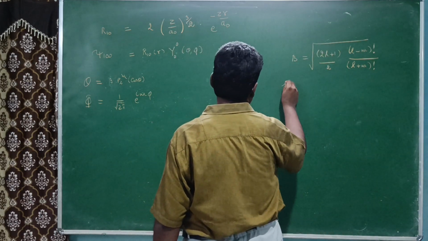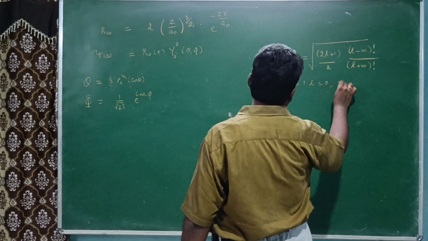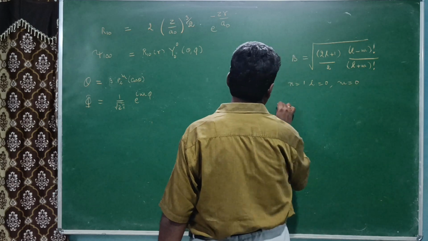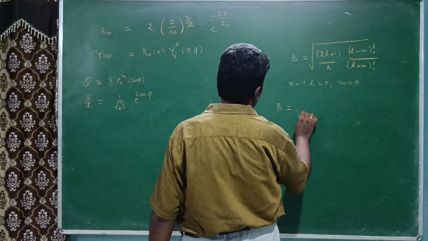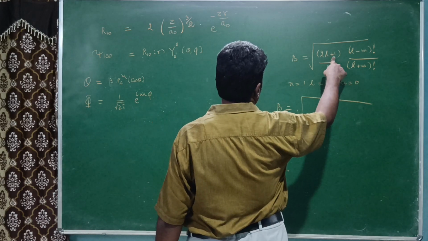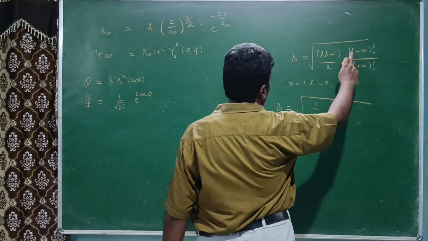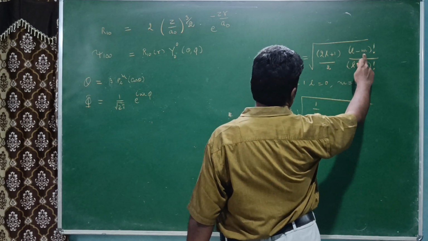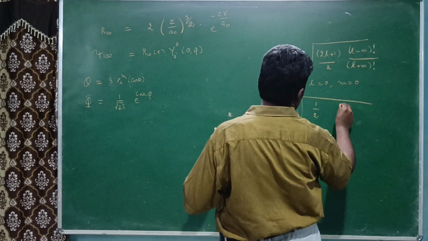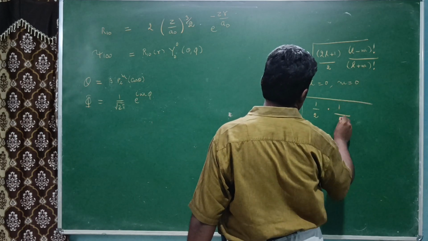In our case, n equal to 1, l equal to 0 and m equal to 0. B equals the root of (2 into 0 plus 1) by 2, then (0 minus 0) factorial, 1, and (0 plus 0) factorial, 1.